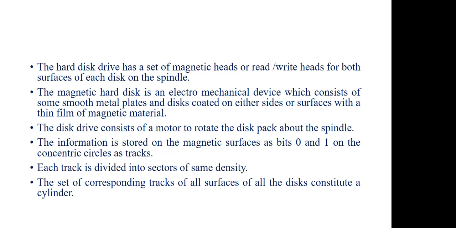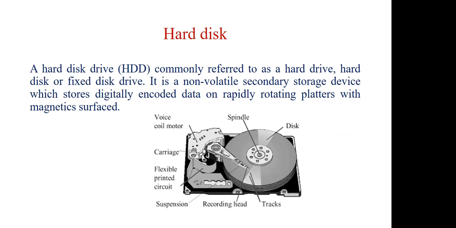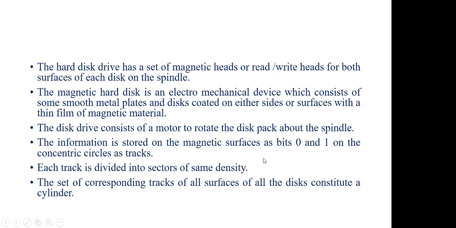Now there are certain properties. The hard disk drive has a set of magnetic heads or read-write heads for both surfaces of each disk on the spindle, as I already told you. So these are the spindles, and this stores the data on both sides.